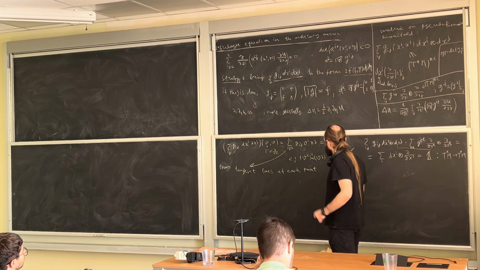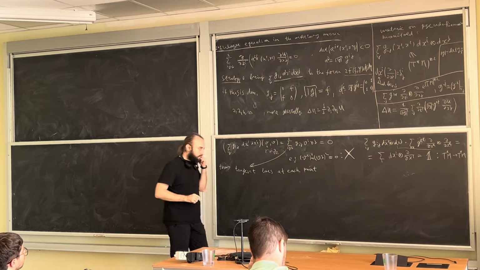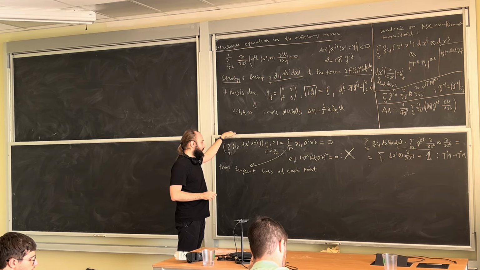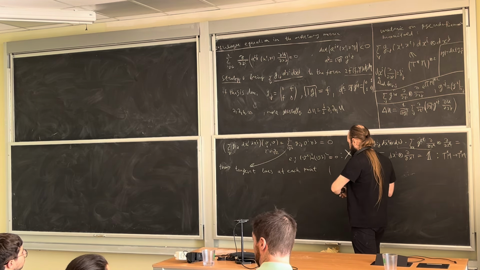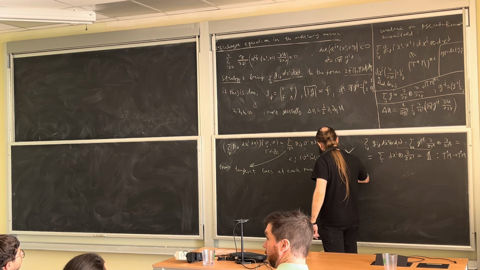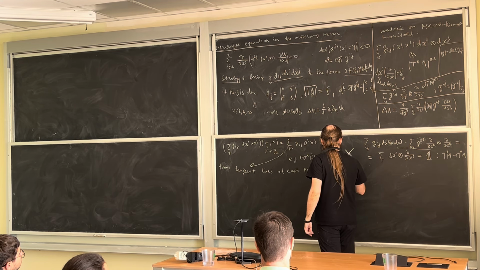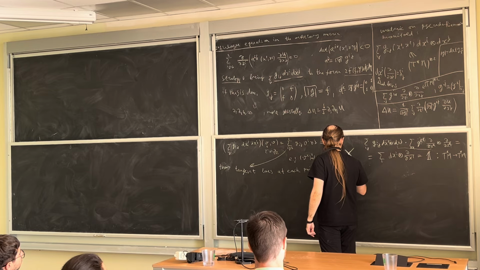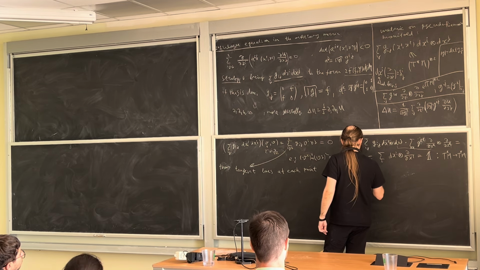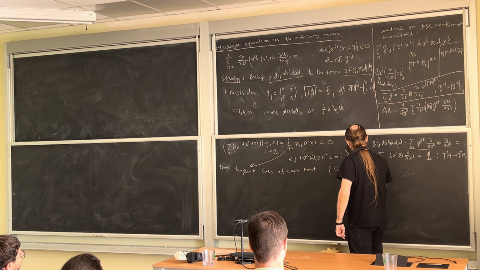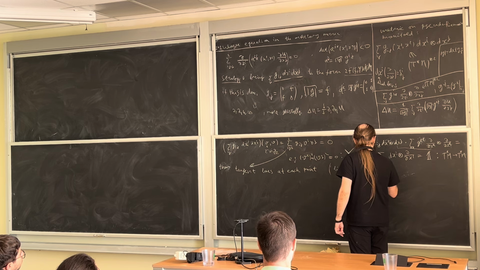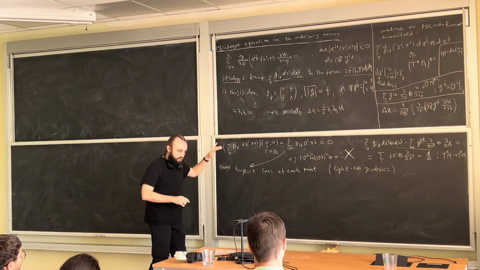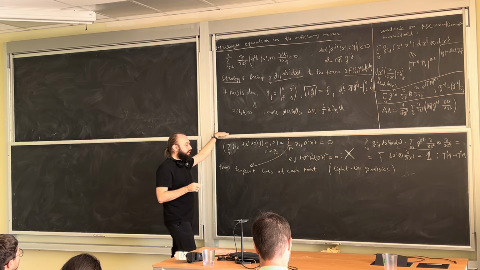So physically, these directions can be called light geodesics, or light-like. I don't remember precisely the term. So we have the following picture.